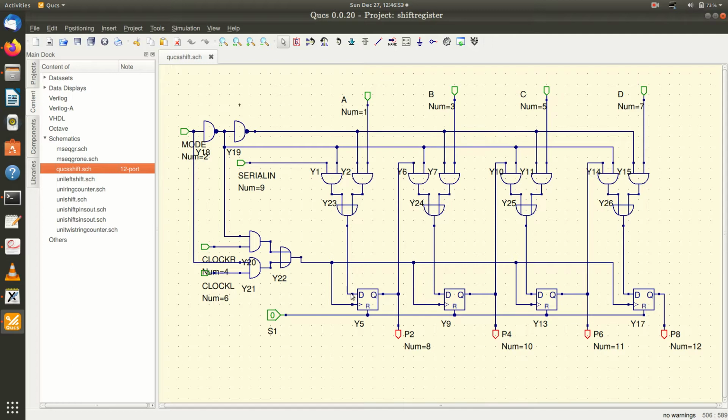We will see all these operations with the help of this sub-circuit, one by one.